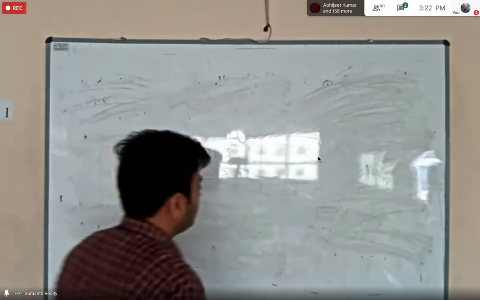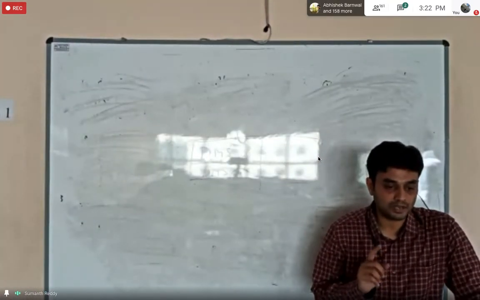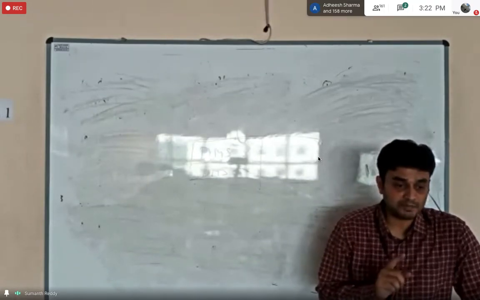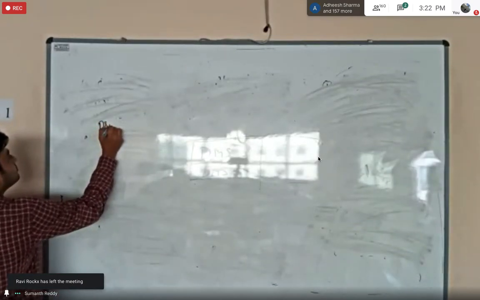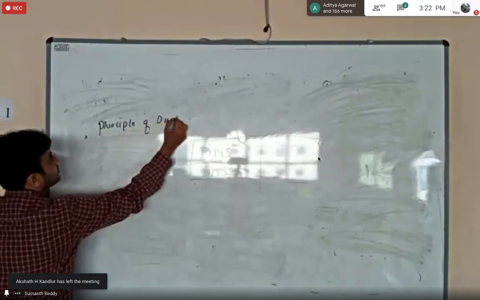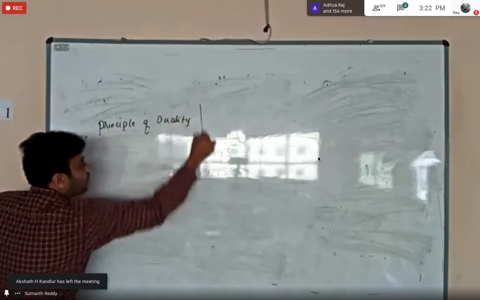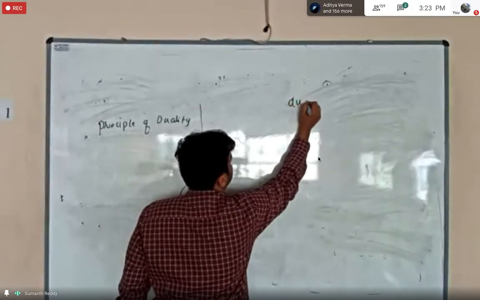One more thing. Before we solve these problems, I want to tell you one important thing: the principle of duality. This is very important. Before I tell you what the principle of duality is, first I have to tell you what a dual is.